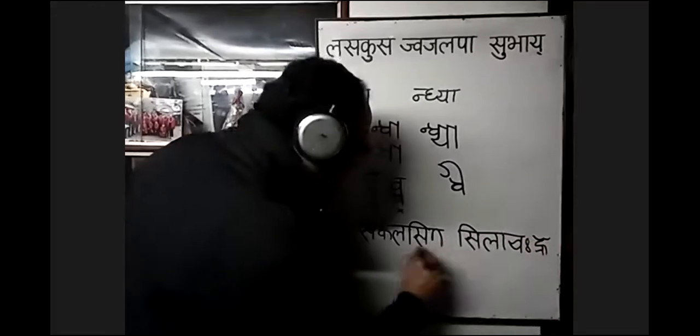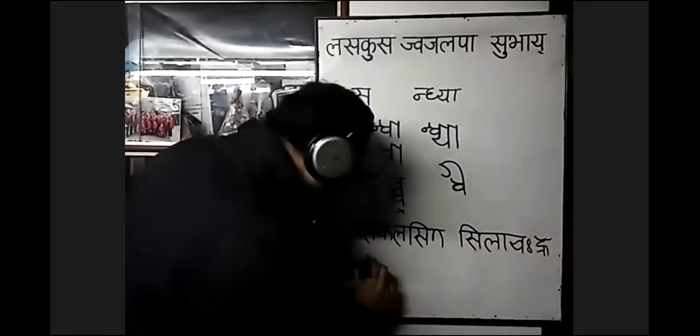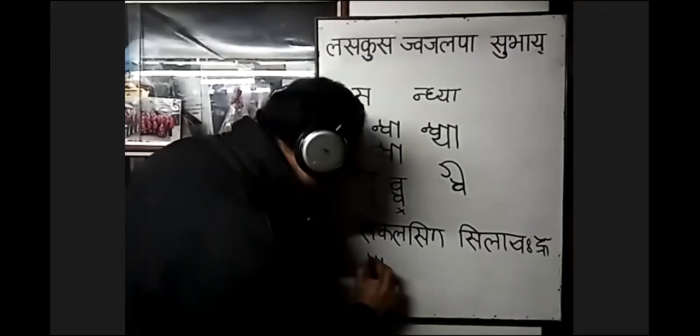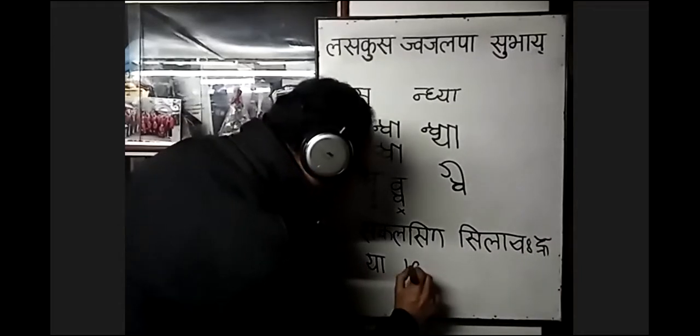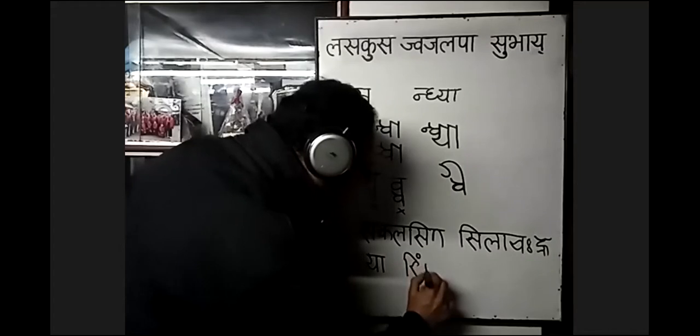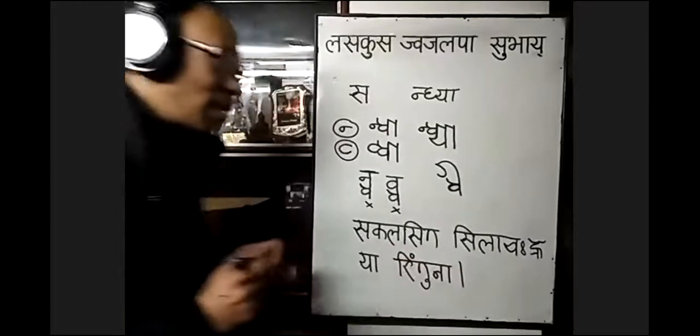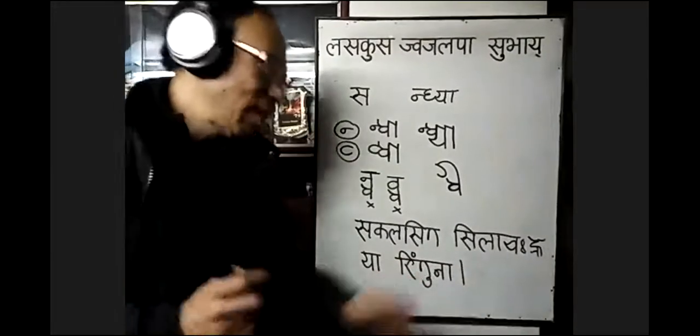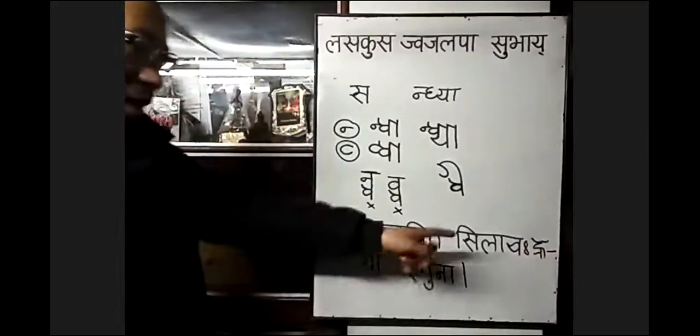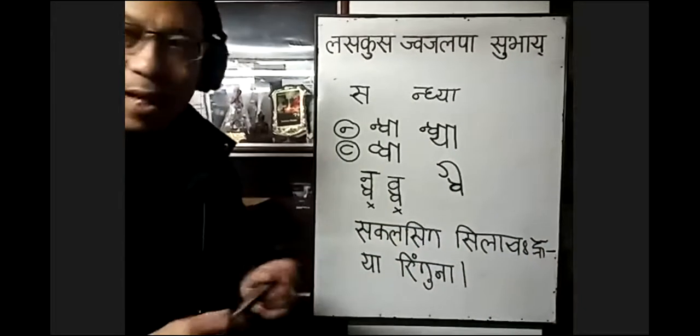Here is the Ya also. Sakala Sita Silachare Ya Bhintuna. And this needs to be added here, okay? There is no space, that's why I wrote it down. So actually it needs to be added there. Silachare Ya Bhintuna.